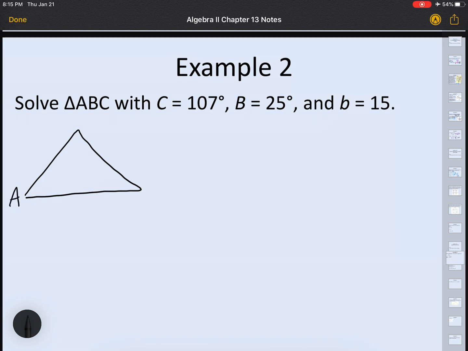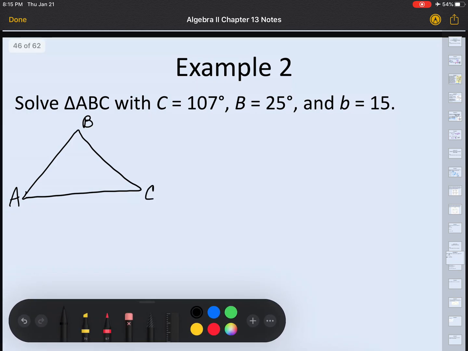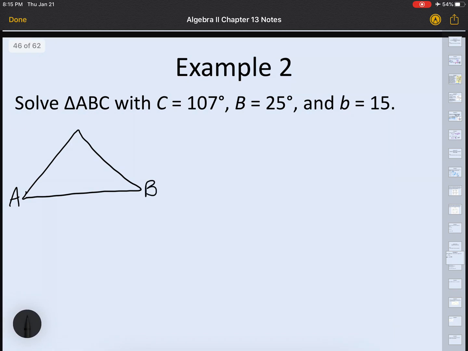Make one angle A, B, and C. Or instead of having it like that, you could switch it around a little bit and do A, B, and C like that. It doesn't matter. But we're given A, B, and C as angles, and we have corresponding side lengths too, the little lowercase ones.